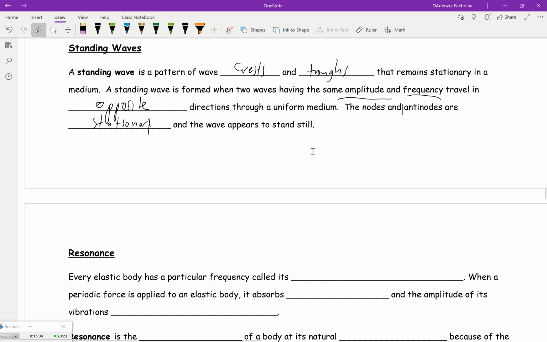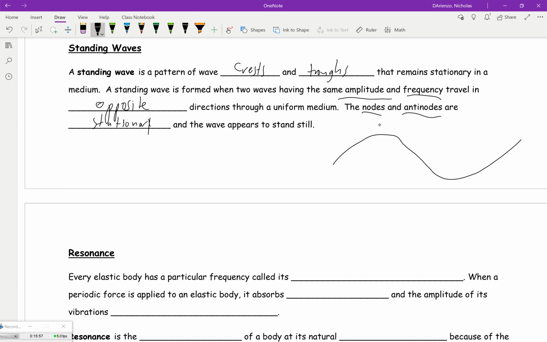And the key here is that the nodes and the antinodes are going to look like they are not moving at all. It'll kind of look just like a wave standing there.